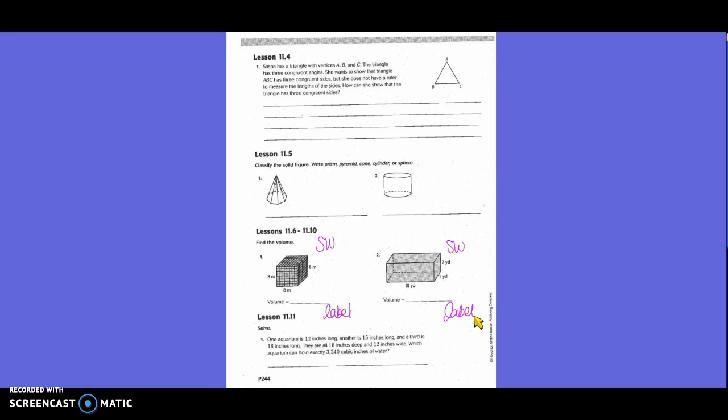You're going to have to do info, you're going to have to show work, and then you just have to tell me as your answer either 12 inches, 15 inches, or 18 inches. That would be your label of inches, right? But you need to tell me which one of those 3 choices would get you the 3,240. Okay, all right.